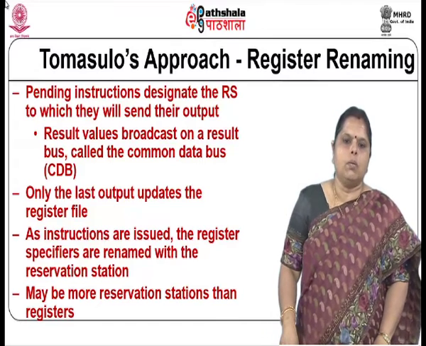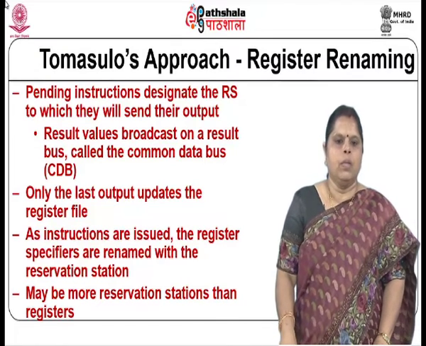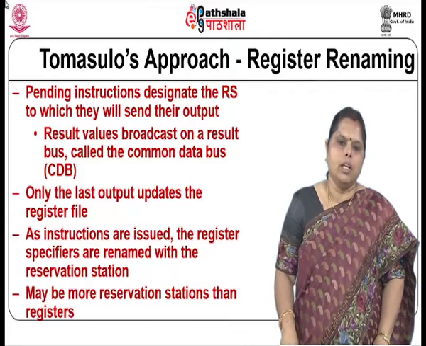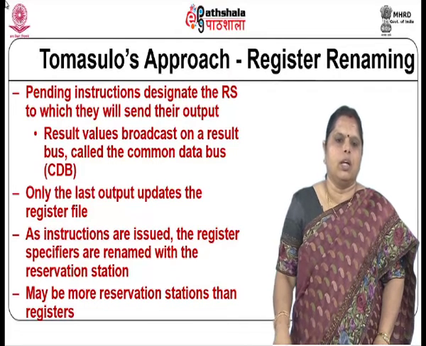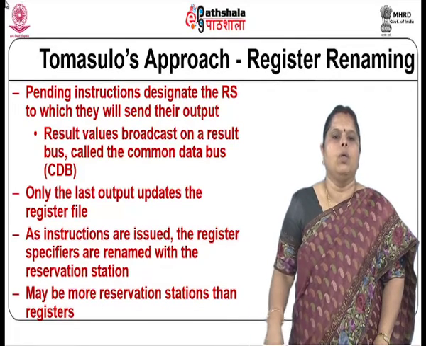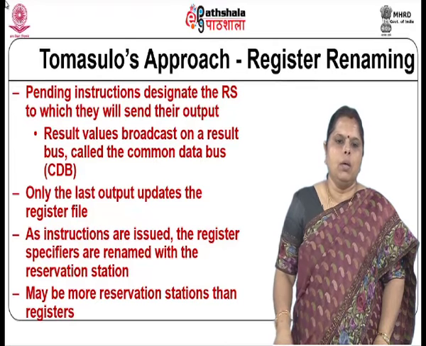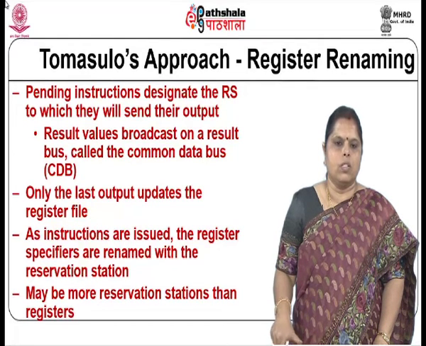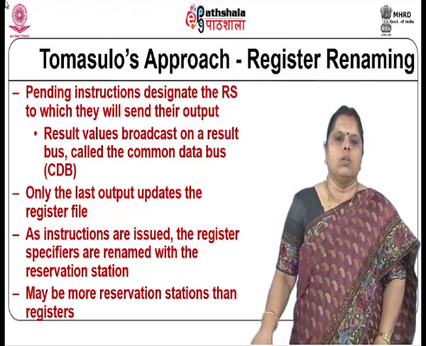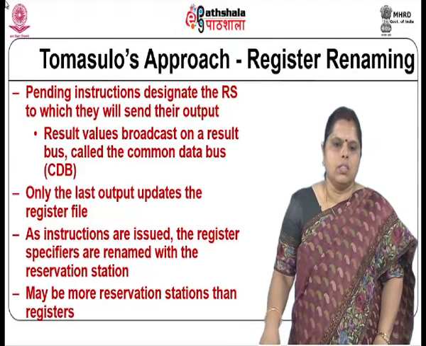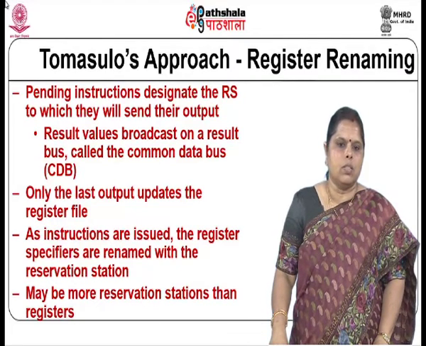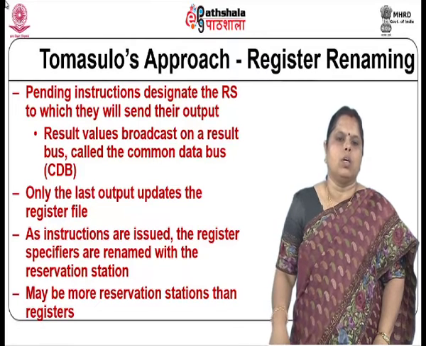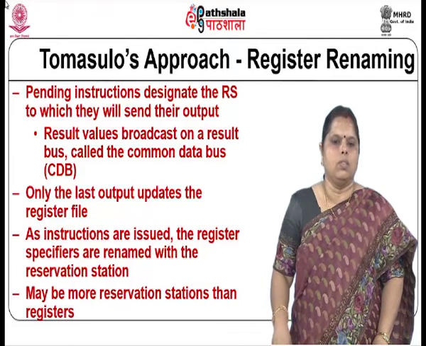This common data bus updates the register file. It also updates all the reservation stations. So, any reservation station waiting for this data that arrives on the CDB will grab that data. The CDB transmits the data in a form where it gives the reservation station tag and it also gives the data. So, the register file which is waiting for that reservation station data will take in the data. The reservation stations which are waiting for the data will also grab this data.